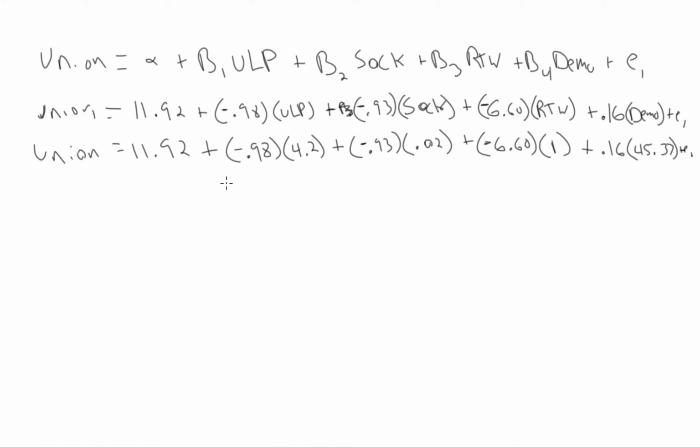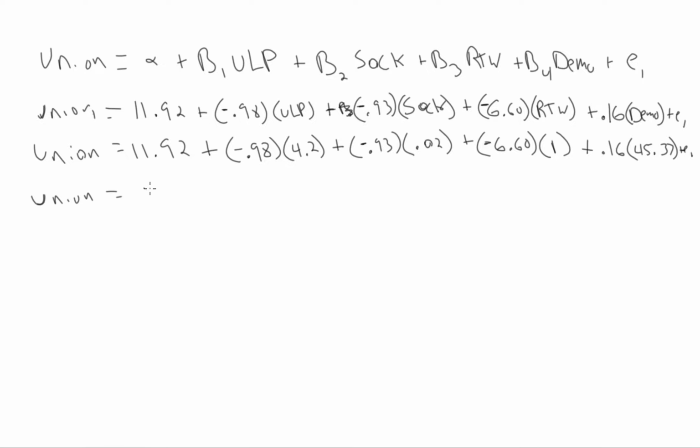Okay, so what we're doing here is multiplying and adding to get to what union membership would be predicted by the model in a state that is average in all of the ways measured except for right to work. So it's simple multiplication and addition.